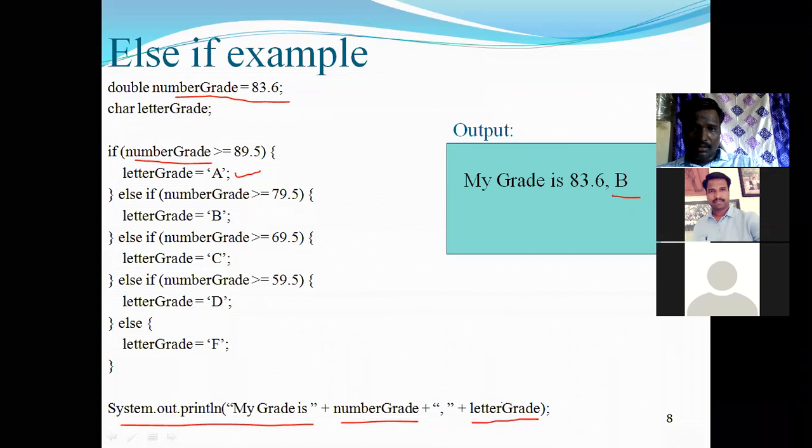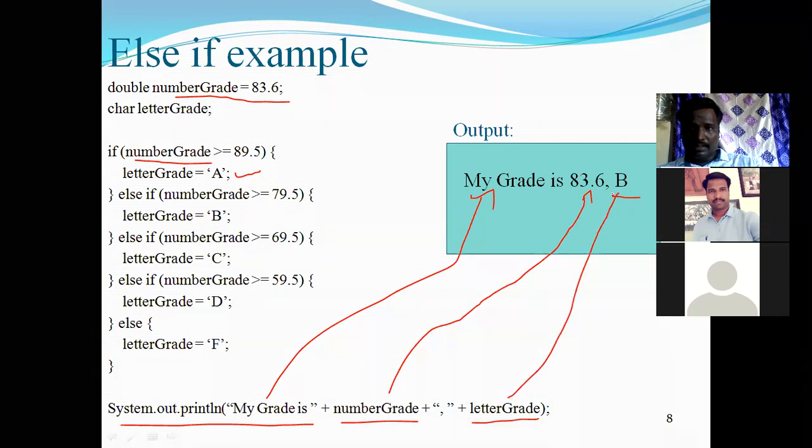So three strings are printed here, the number grade and the letter grade, whether A grade or B grade, with the help of the plus operator. The plus is called the concatenate operator. Okay.